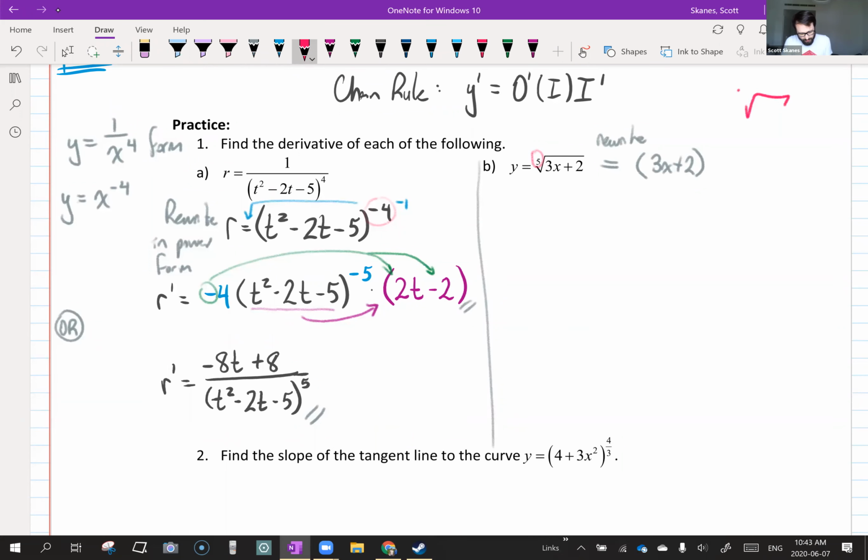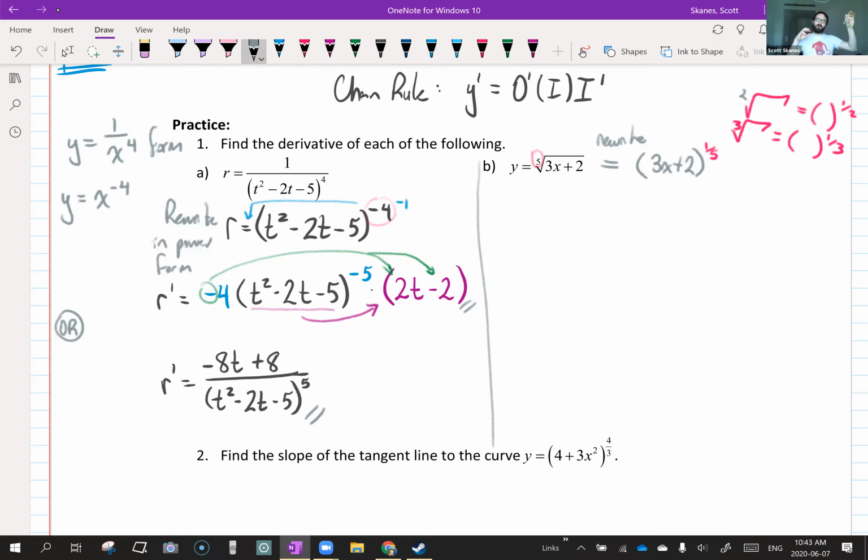Normally this square root would be something to the 1/2. If it was a cube root, it would be something to the 1/3. Well, this is a fifth root, so it's the power of 1/5. That's how these powers work. In fact, square roots have a hidden 2, but we almost never write the 2. Okay, so we've rewritten it.